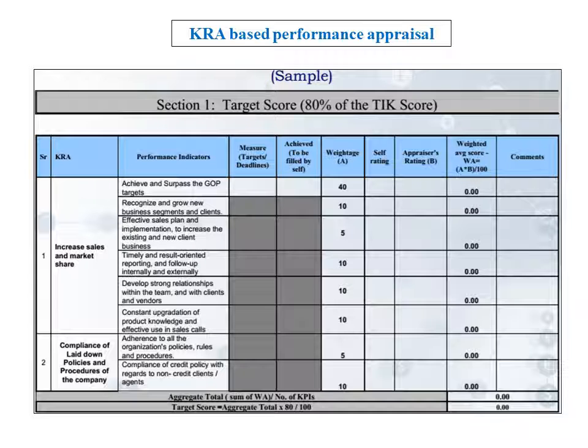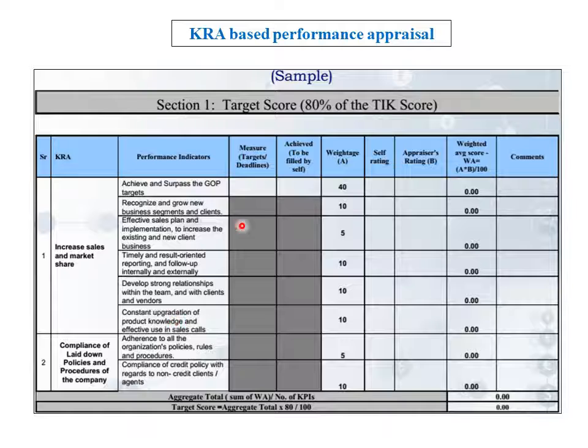Now these are sample forms, a sample template for the KRA based performance appraisal, that is Key Result Area based performance appraisal. So this is the sample one. These are the KRAs: increase sales and market share, then compliance of laid down policies and procedures of the company. Then these are the indicators.